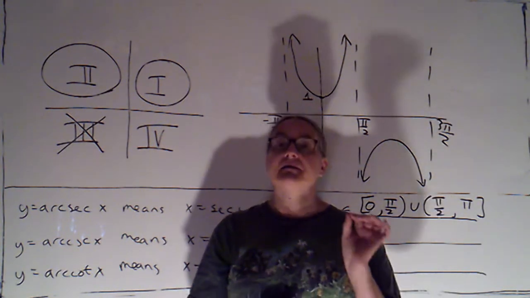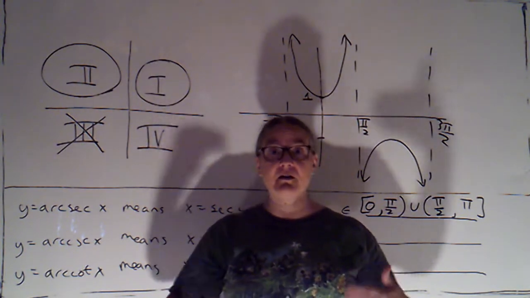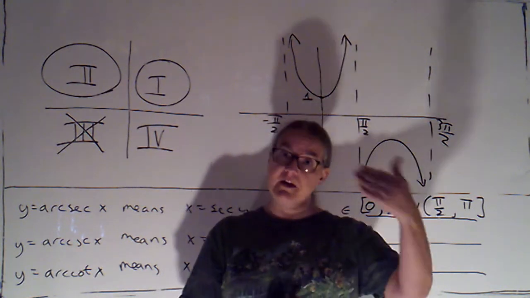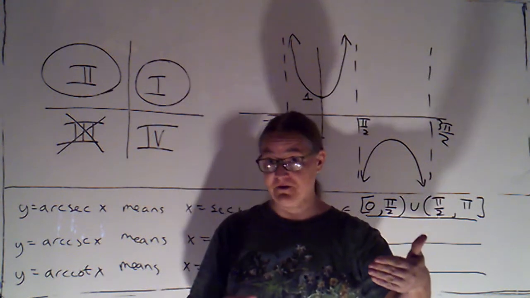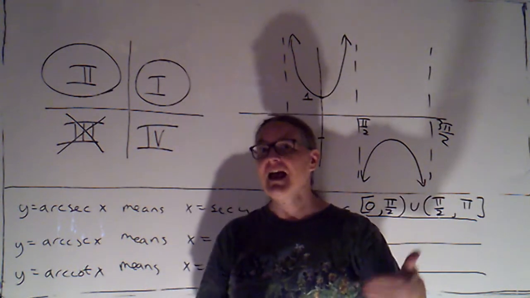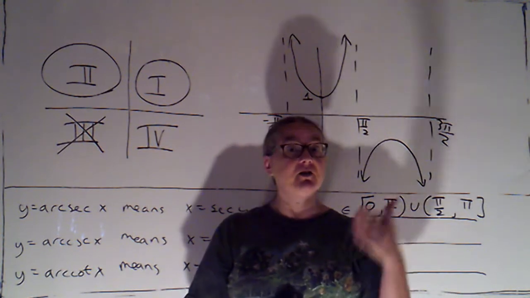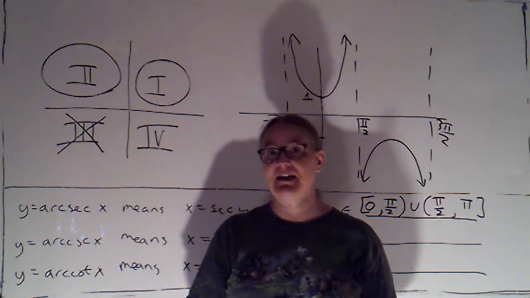Second reason it's important is that this is a community college, and many, if not all of you, are planning to transfer to a 4-year school. When you transfer to a 4-year school, who knows what textbooks they've used for their calculus classes? So in any math classes that you take there, you're not going to know which definition of inverse secant and inverse cosecant is being used.